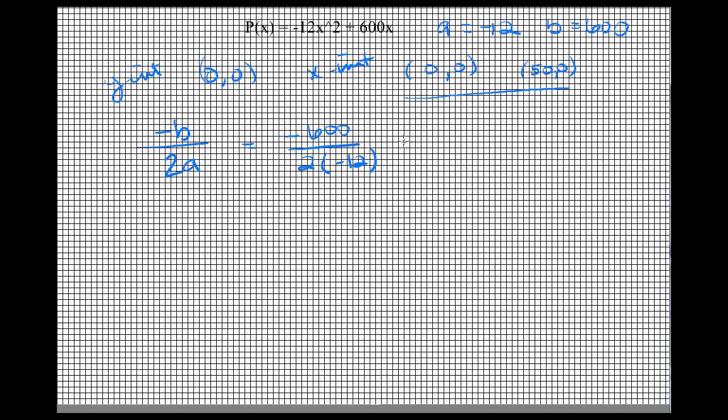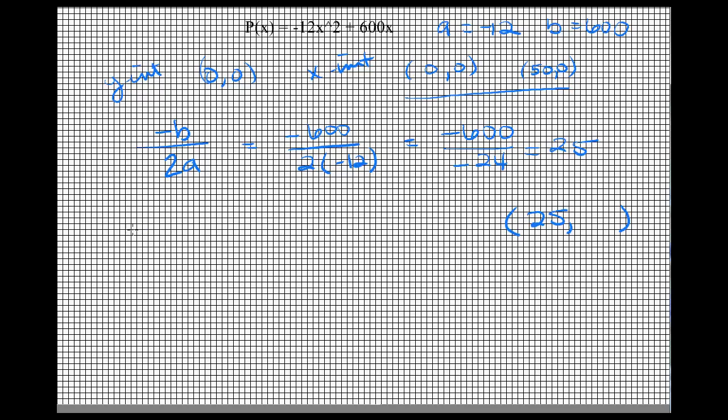The numerator becomes minus 600, and the denominator becomes minus 24. Negative 600 divided by negative 24 is a positive 25. So that's our x-coordinate: x is 25.